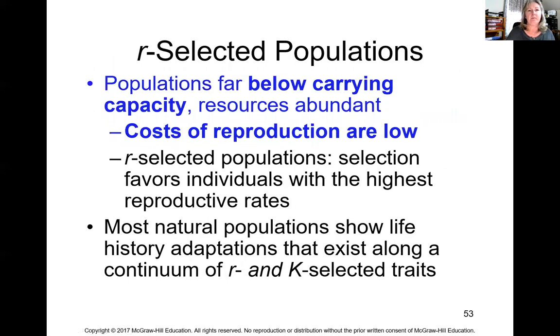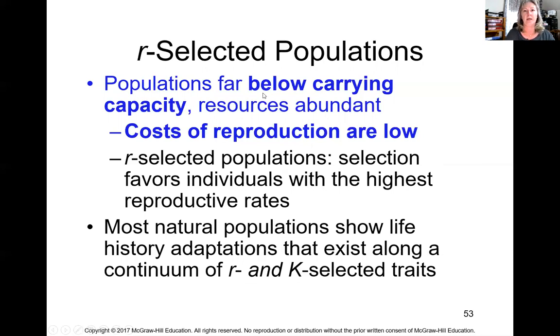Populations, you want to be below the carrying capacity. Once a population reaches carrying capacity, death rate will increase, birth rate may increase, but a lot of it flatlines. So you're going to see that steady state accomplished whenever you get to the carrying capacity.